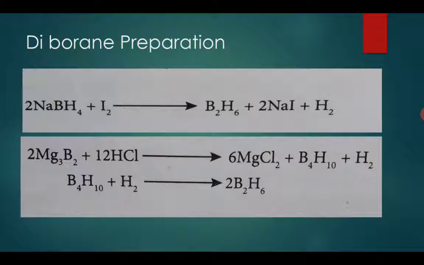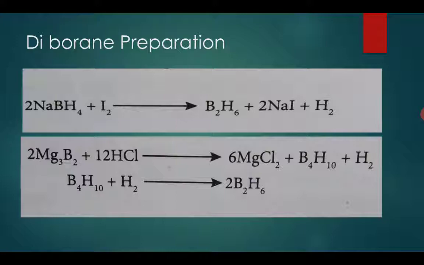See the first equation: 2NaBH4, this is known as sodium borohydride, plus iodine. In the presence of diglyme, it gives diborane B2H6 plus 2NaI, sodium iodide, plus hydrogen gas.